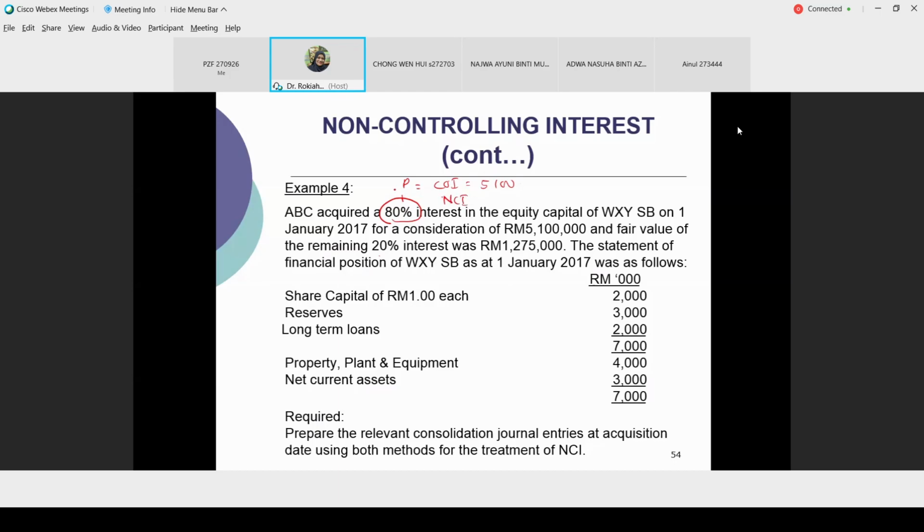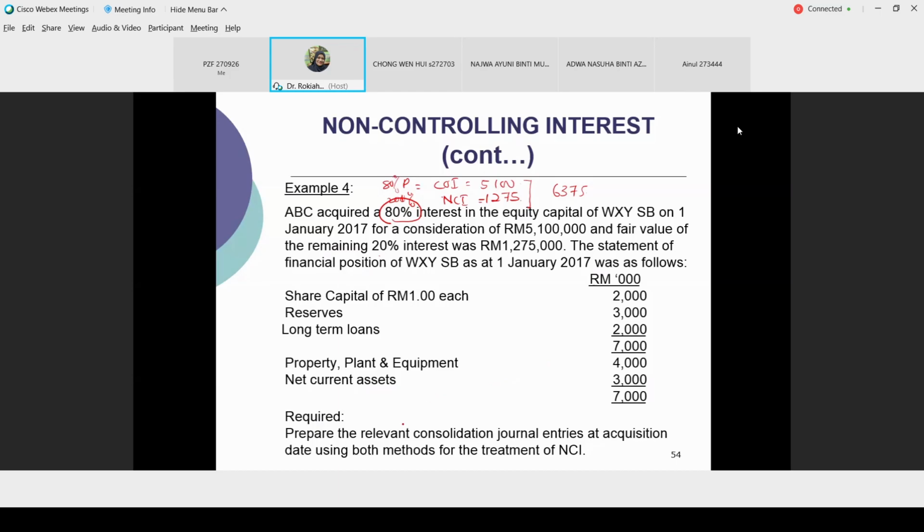The parent has 80%, the NCI has the other 20%, and the value here is 1275. So this means that the total purchase price you have here is 6375, because we add together the COI and NCI. Okay, so this is the value of the asset.